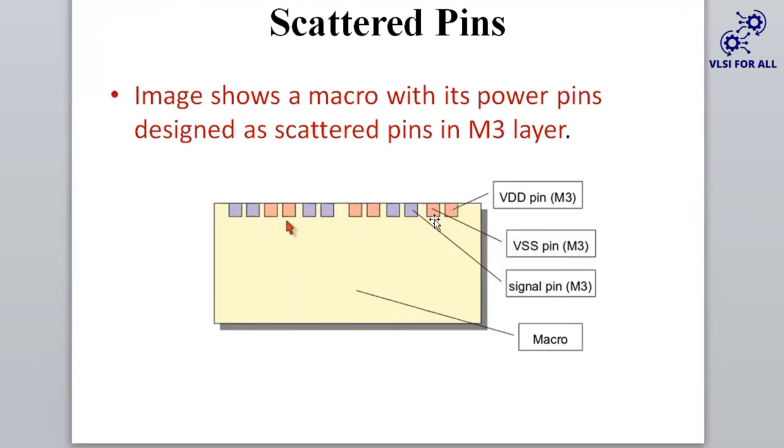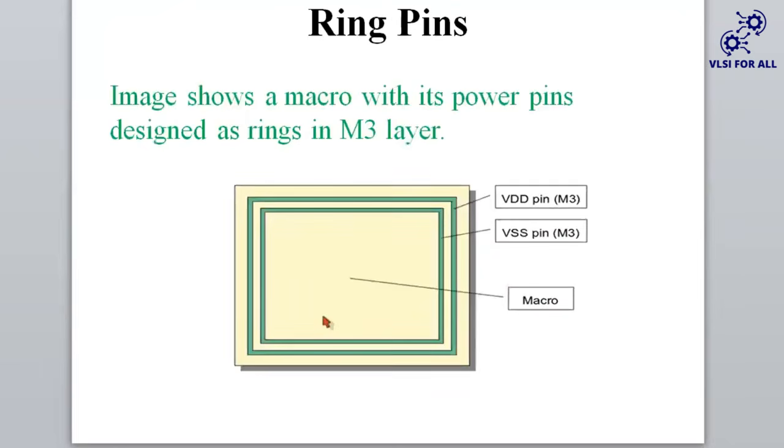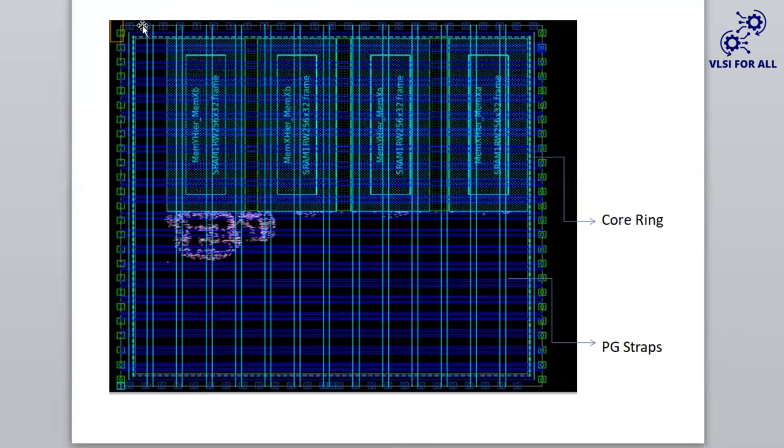And so these pins, like I showed in the previous picture, above there will be certain things. These are called your scattered pins.